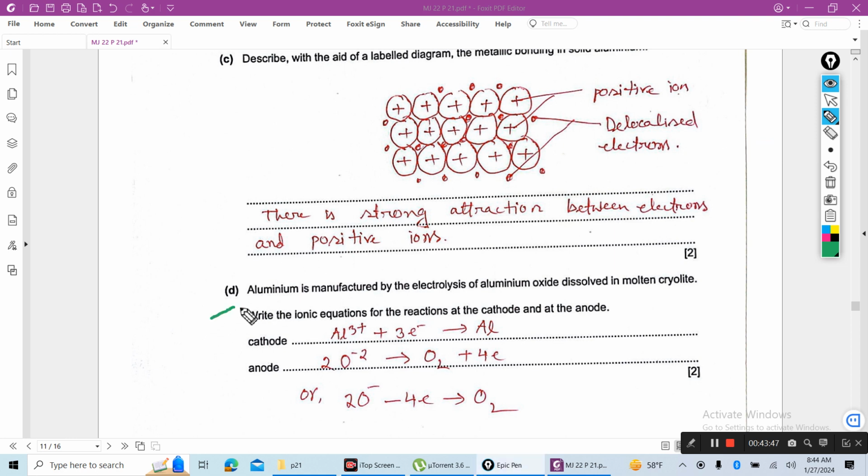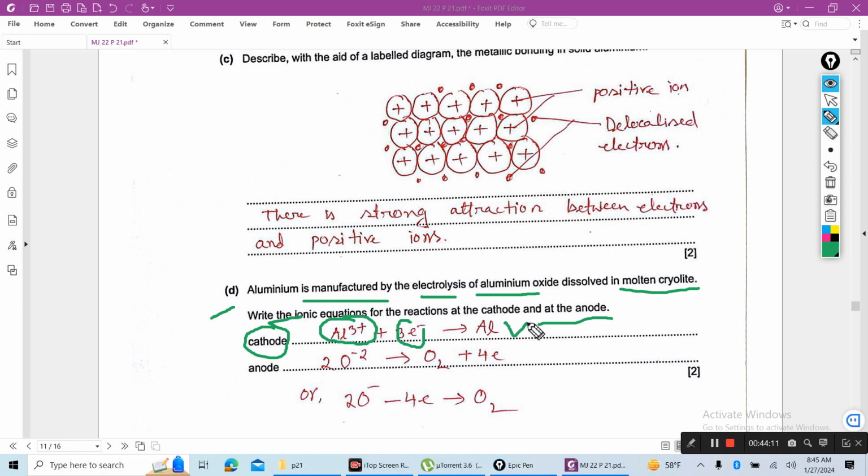Number D. Aluminum is manufactured by the electrolysis of aluminum oxide dissolved in molten cryolite. Write the ionic equation for the reaction at the cathode and at the anode. At the cathode, Al3+ aluminum ion gains 3 electrons to form molten aluminum.